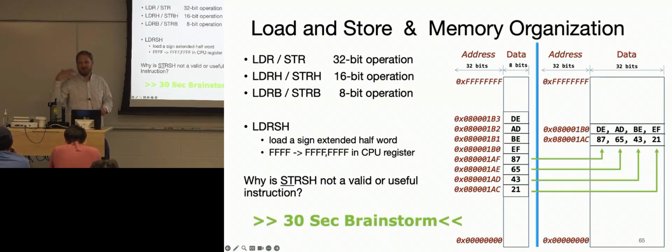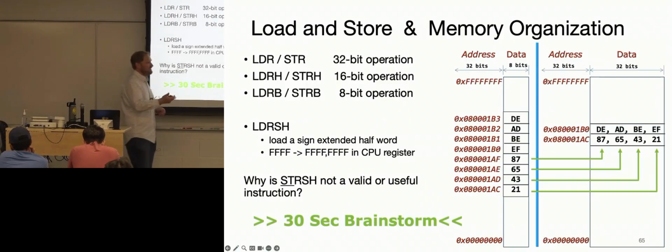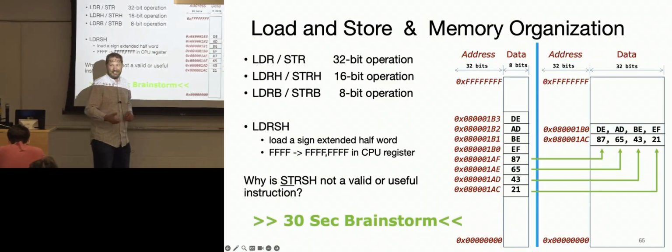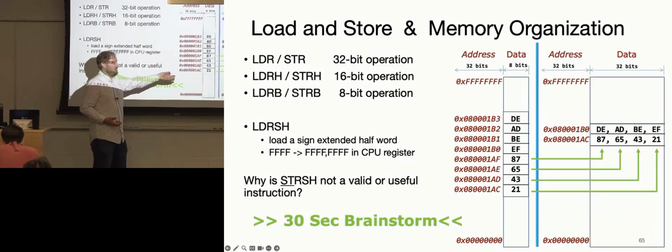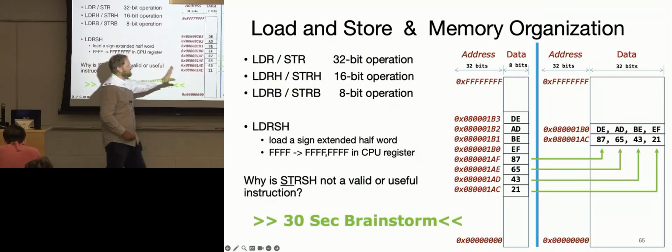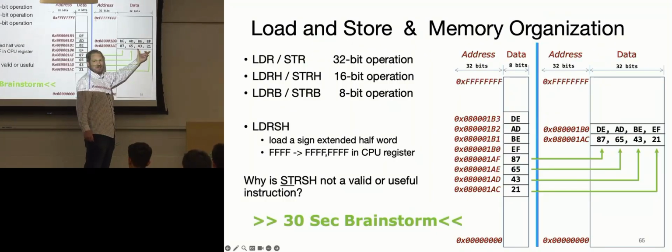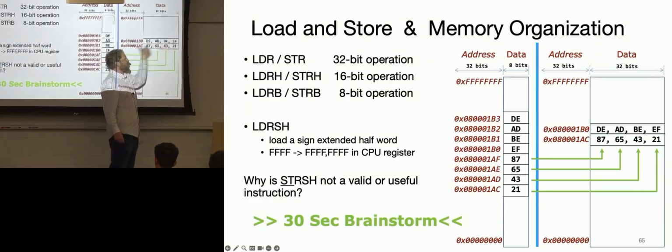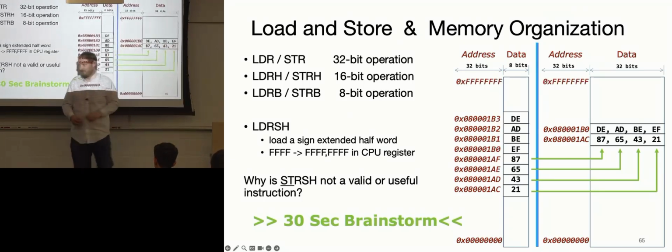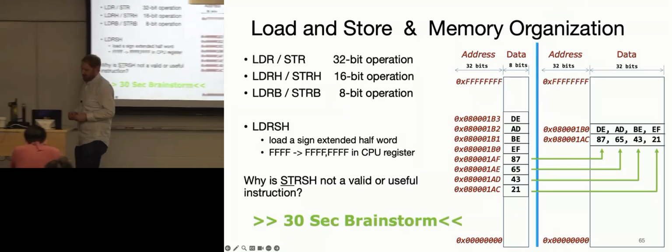So it's you as the programmer and the compiler that has to keep track of whether this data is signed. The memory is not retaining that information anyway. So it doesn't really matter what you put it down as, because you did a half word, there's no space to do sign extension here, and it's just raw bits. That's how memory operates.